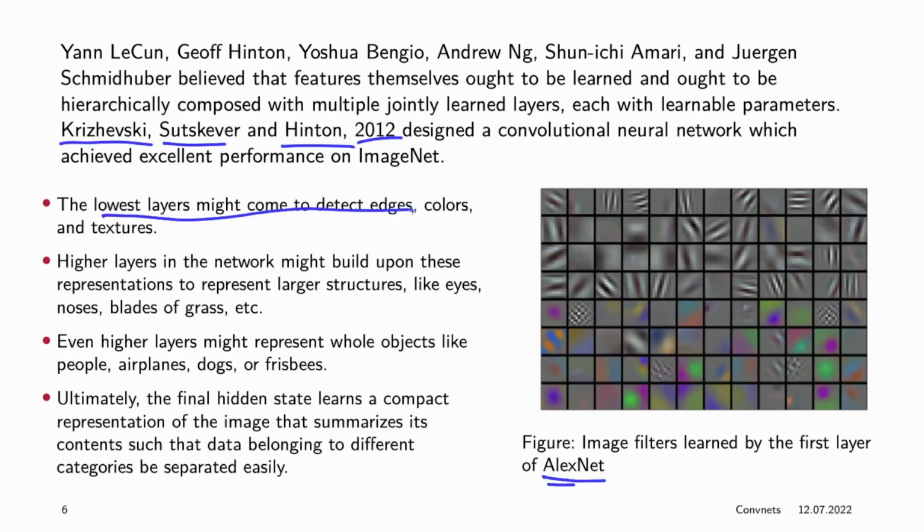It extracted features directly from the image using a series of convolutional neural network layers, where the lowest layers detected things like edges, colors, or textures in the images. And then the higher layers in the neural network would build upon these early layer representations to represent larger structures in the images, such as eyes, noses, grass, or anything else.